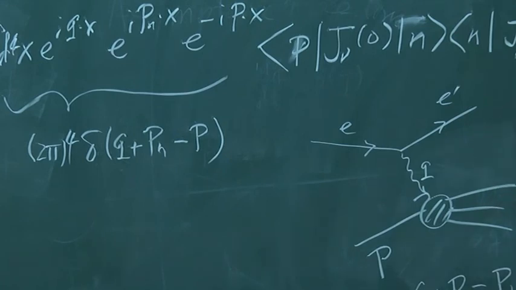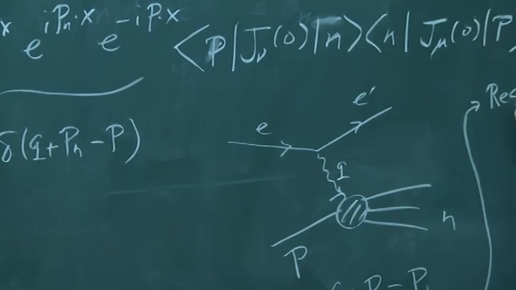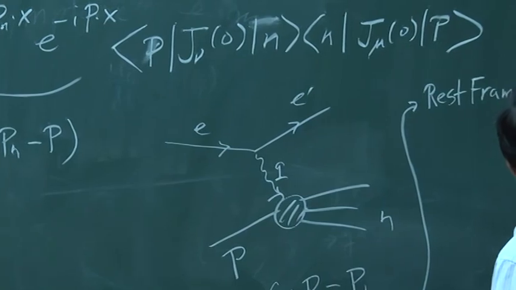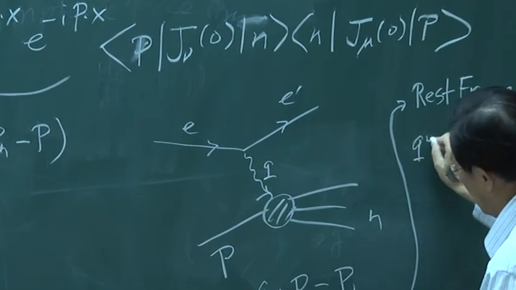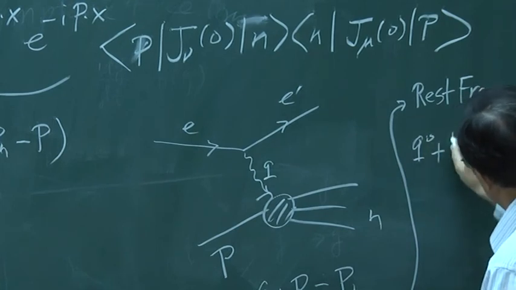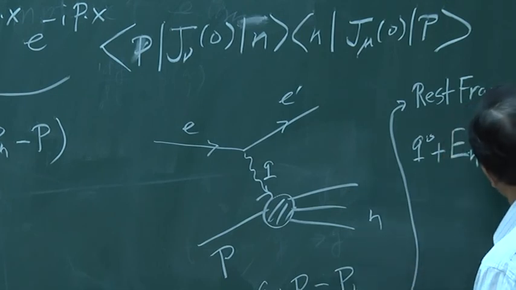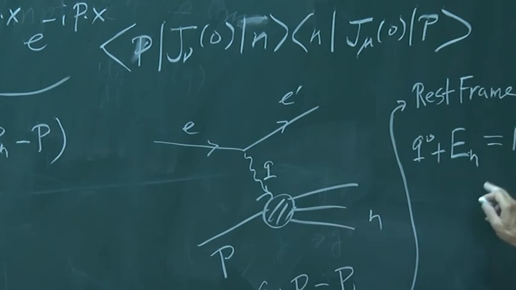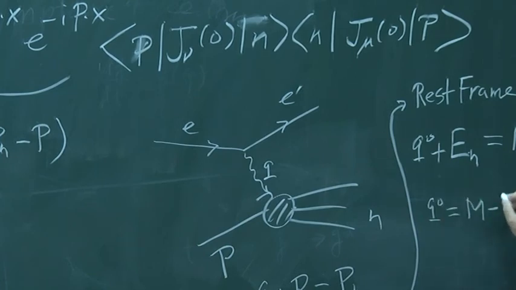And if you go to the rest frame, for example, of p, then the time component is q0 plus E of the intermediate state equals the mass of the nucleon, because in the rest frame, it is the mass. So you can see that q0 equals M minus E_n.